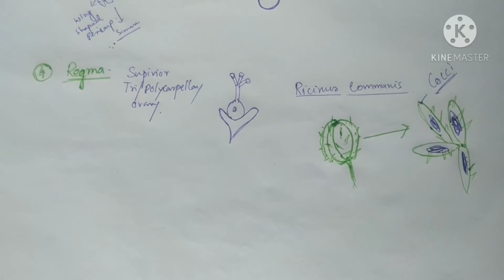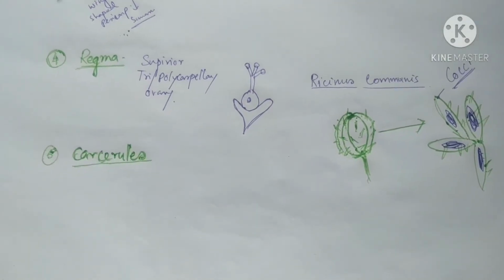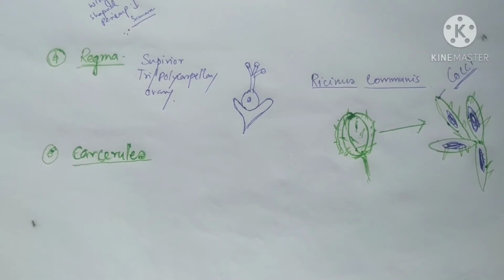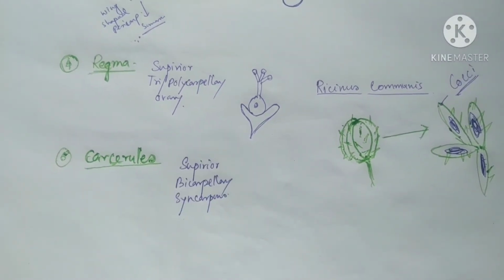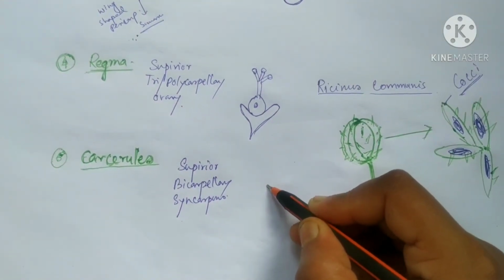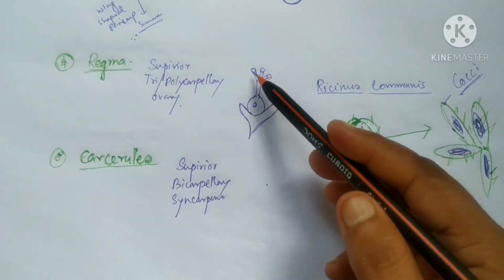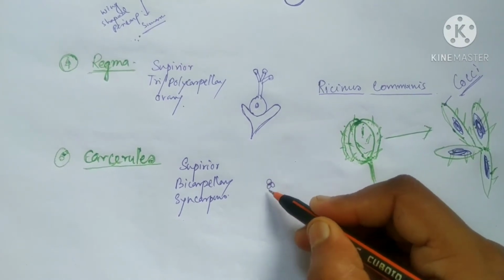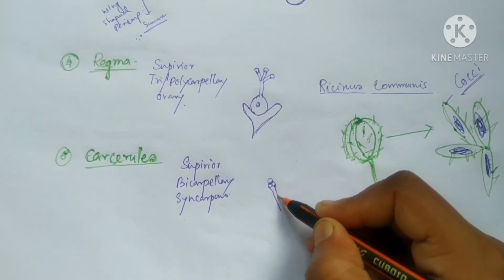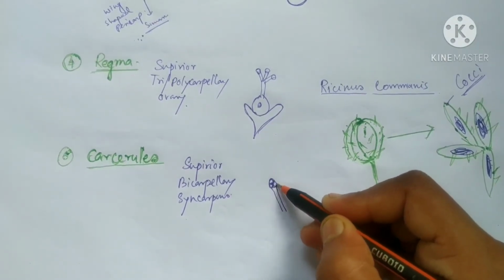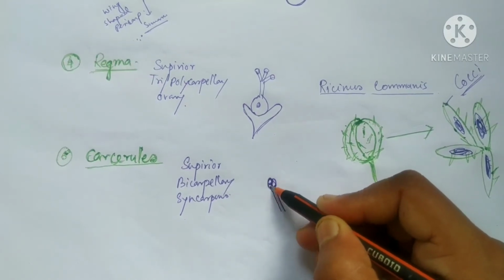Now the next type is carcerulus. In carcerulus type fruit, the fruit develops from a bicarpellary superior syncarpous ovary. So ovary superior, okay, bicarpellary and syncarpous. Syncarpous means all carpels fused with each other. This is bicarpellary, sorry, so two carpels are present, right, and both fused.